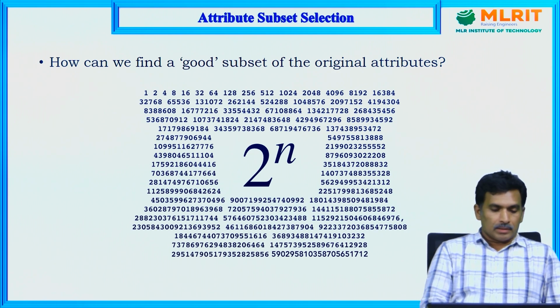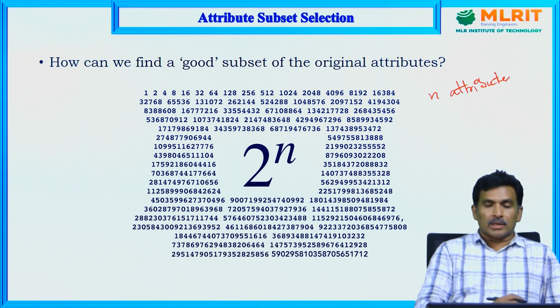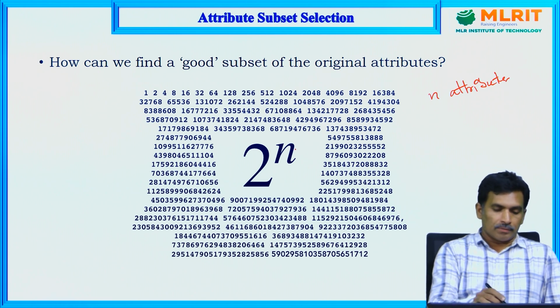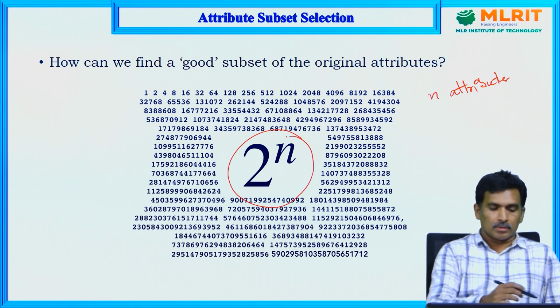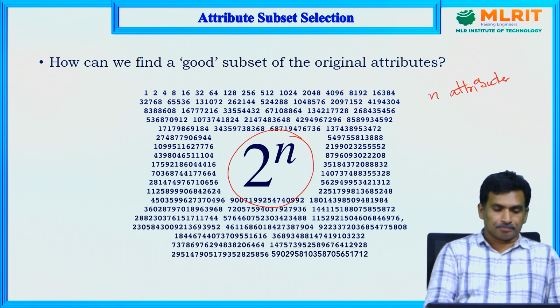For example, if there are n attributes in a data set, there will be 2 to the power of n possible subsets in an exhaustive search.